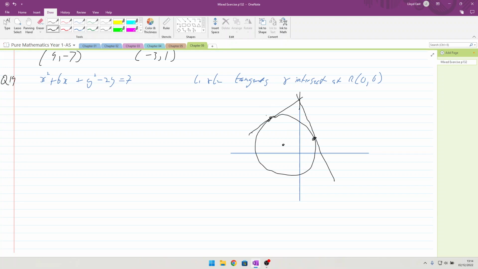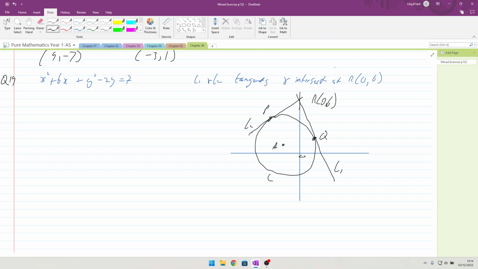That's point P, that's point Q. L2 is this line, L1 is this line. This is the circle C. That's the origin, and it has a center A. And we are told this is point R, which is (0, 6).